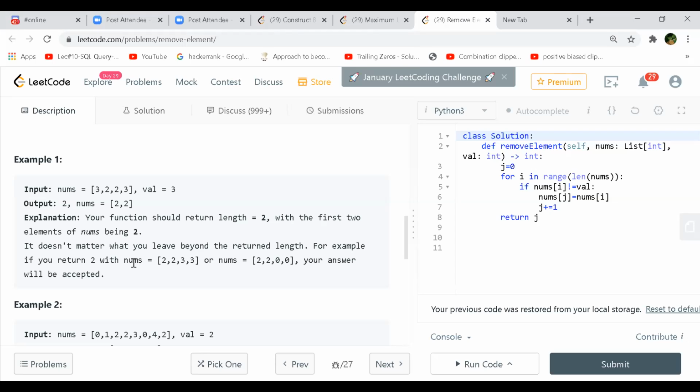It keeps doing that until it reaches the end of the array. At that point, we would have copied all the elements that are not equal to the value. Whatever count we copied, we return that number as the output. Same approach as yours in Python.